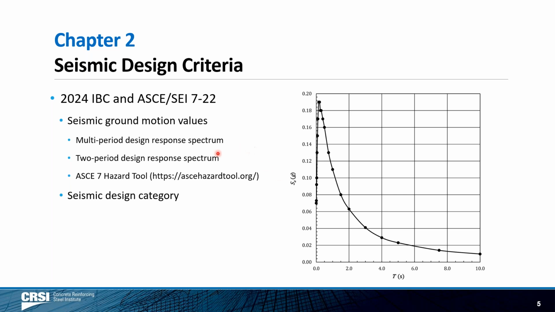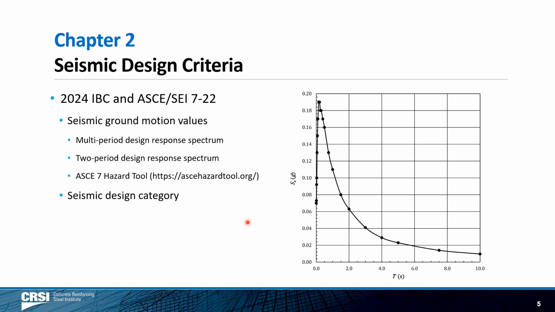Okay. Now, there's also, as an option, what we've had in previous editions of ASCE 7, the two-period design response spectrum. That's still available. Any and all of that information can be acquired in the ASCE 7 hazard tool, and that's free to use.